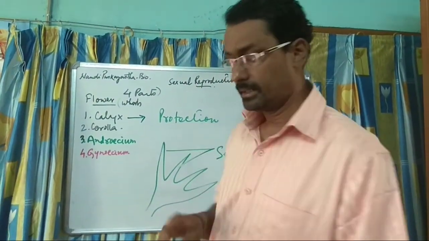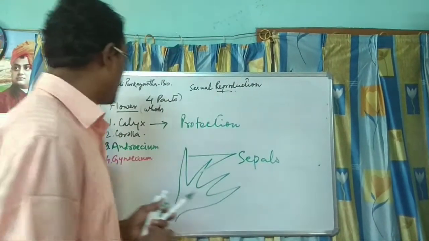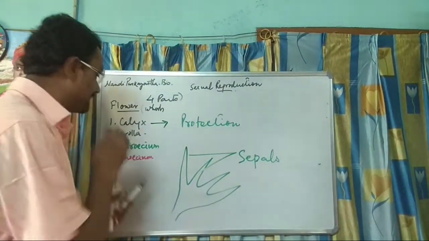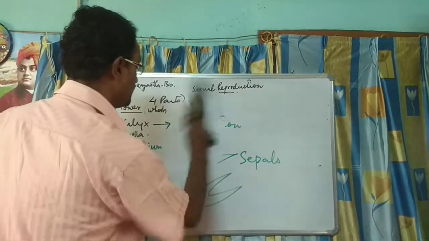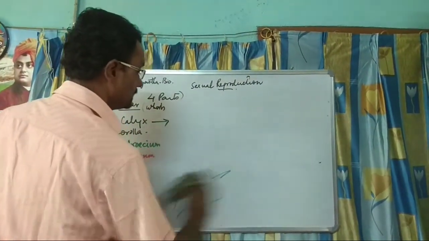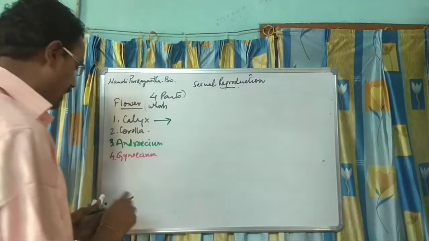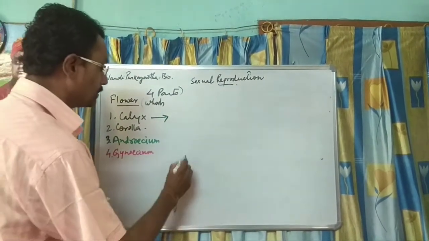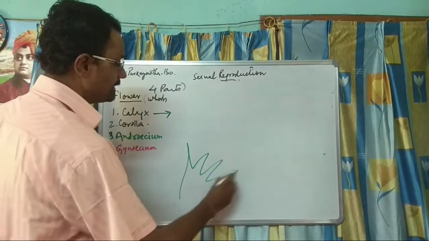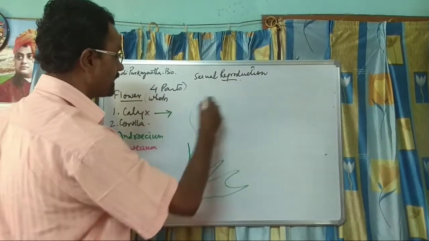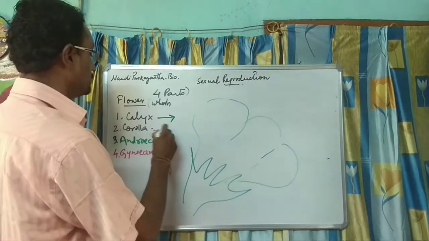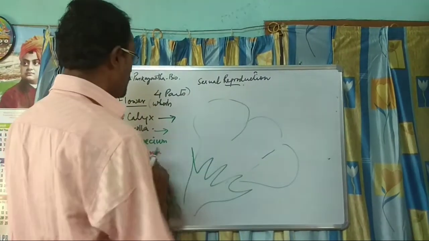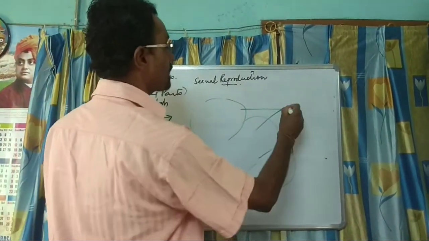Now next come to the most important thing, the corolla. What does the corolla do? Let's go for corolla now. The parts of the corolla are called petals.